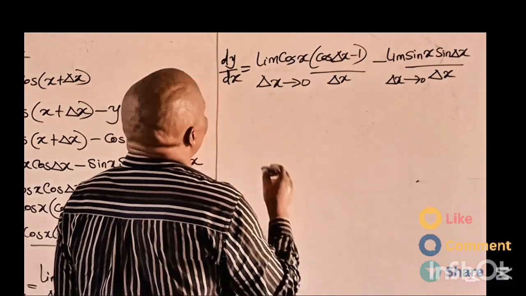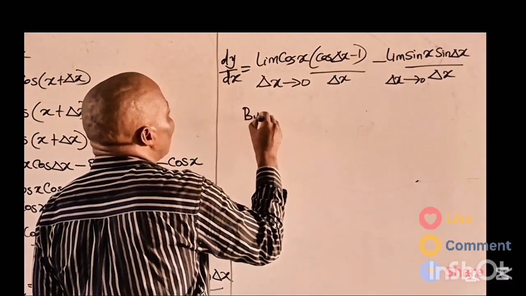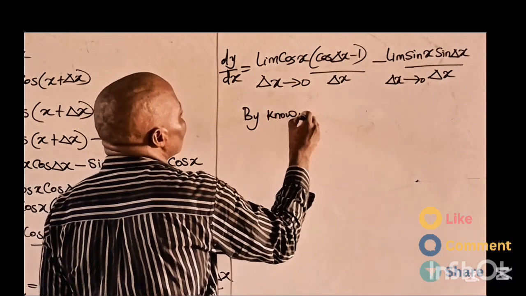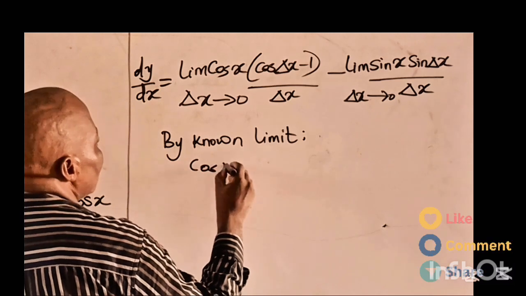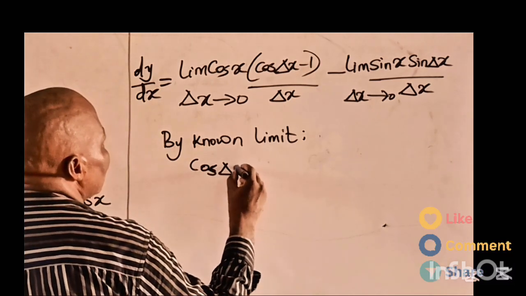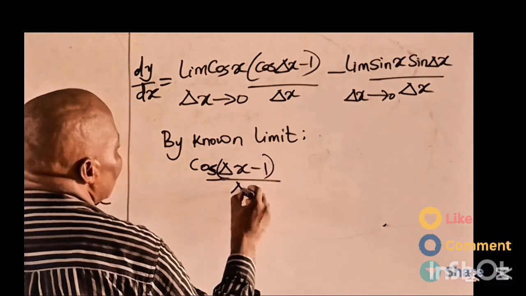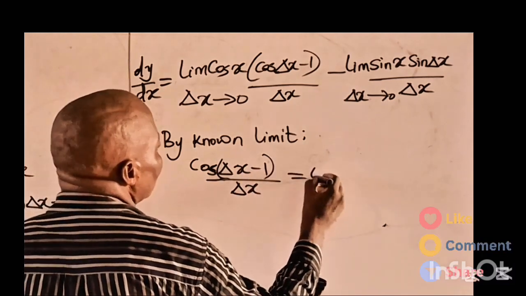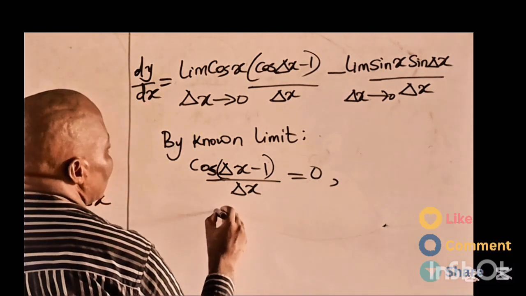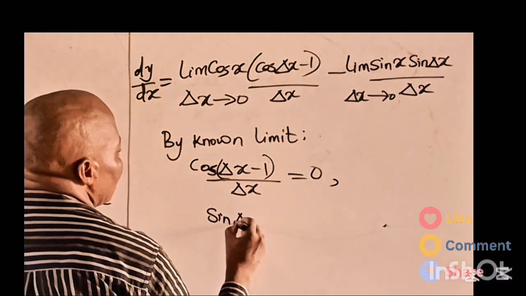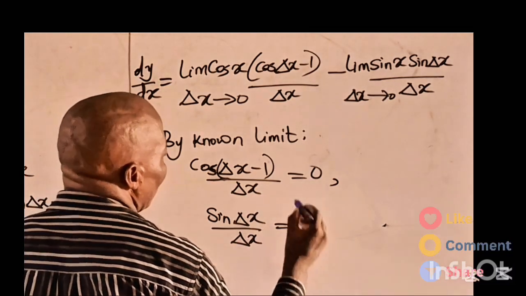So what we have is that by known and established limits, cos delta x minus 1 over delta x is equal to 0, while sine delta x divided by delta x is equal to 1.